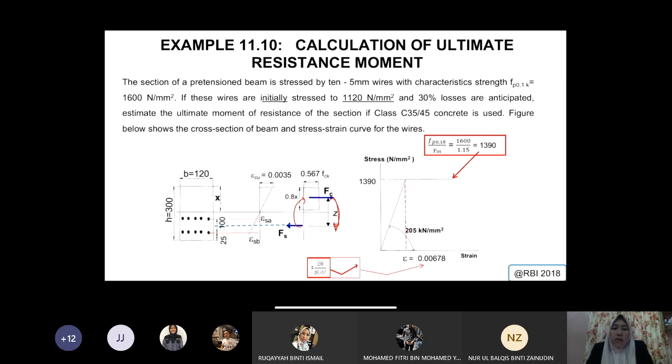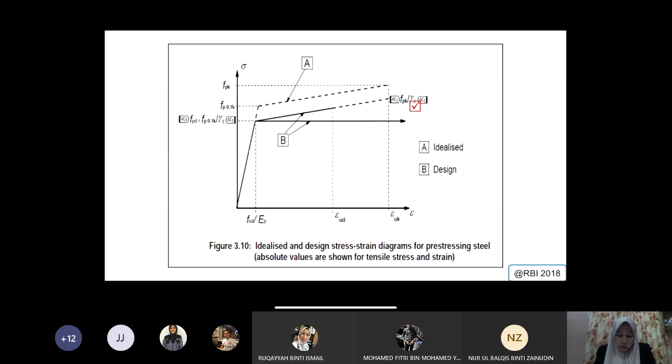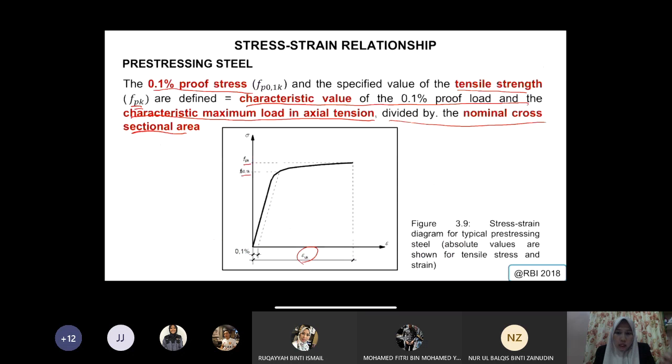Alright, yeah. So I hope I explained it to you well, and you guys are clear. Because what we are talking about is mostly the properties, the stress-strain behavior of the material. That means we have concrete, we have steel, and also we have pre-stress tendon properties.